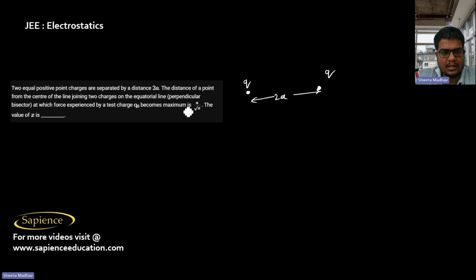The distance of a point from the center of the line joining two charges, on the equatorial line, the perpendicular bisector, at which the force experienced by a test charge Q naught becomes maximum, is a by root 2.